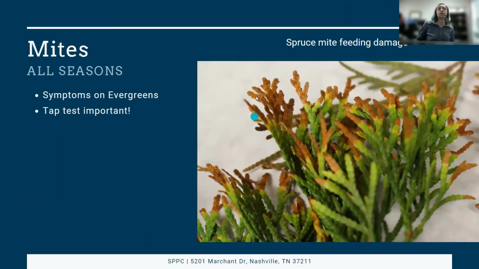Our symptoms look a little bit different on evergreens. Mites and many insects like to feed on that fresh, succulent, young foliage that's being produced. So we'll often see tip dieback on evergreens from mites feeding at the very tips of the branches.